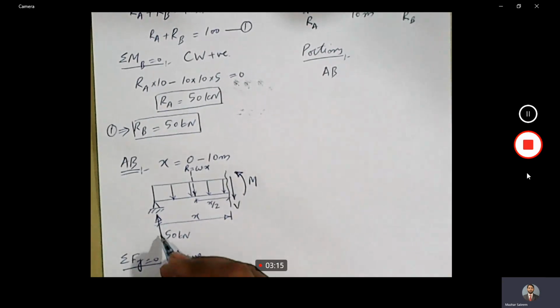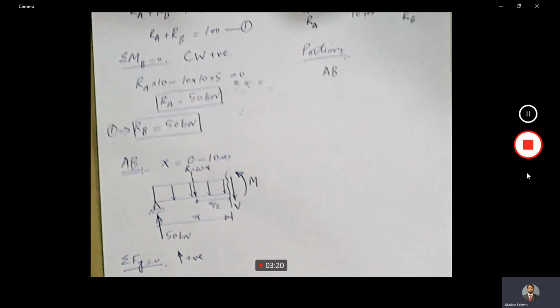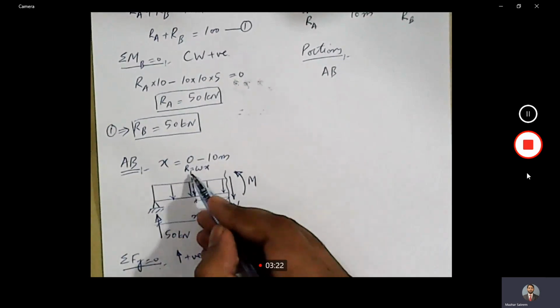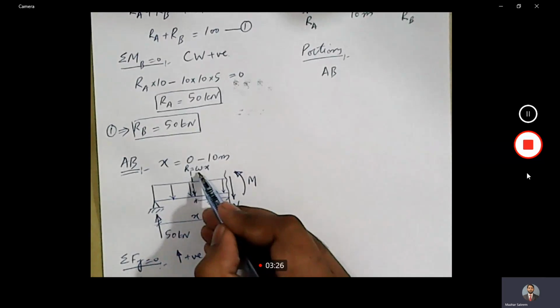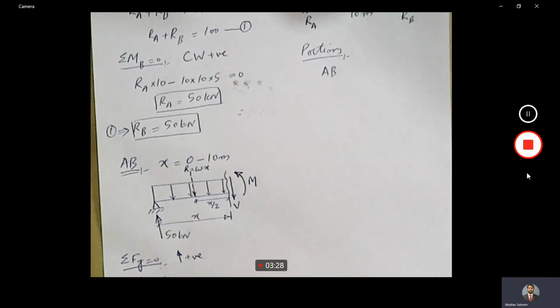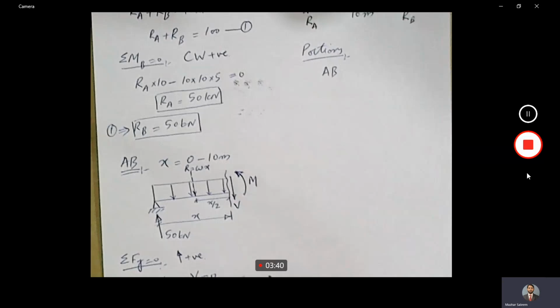This 50 kilonewton force acting in upward direction, so positive 50, minus this resultant which is acting in downward direction. How much is the intensity? Intensity is 10 kilonewton per meter, and this span is X, so 10 into X. What else? This V is acting in downward direction, so minus V is equal to 0.